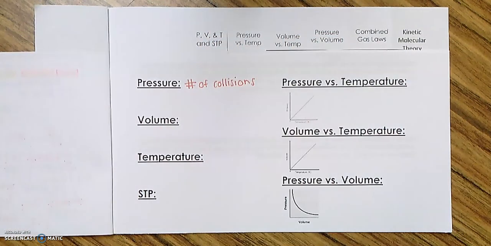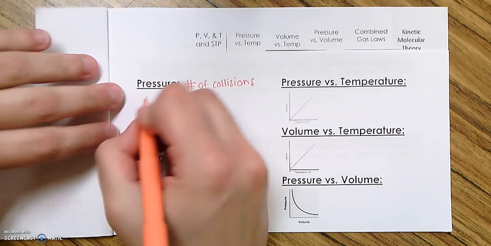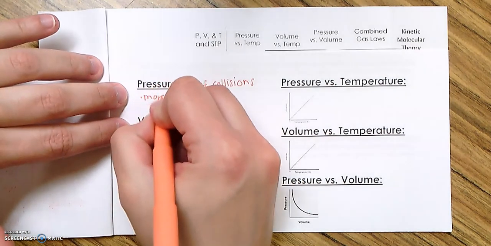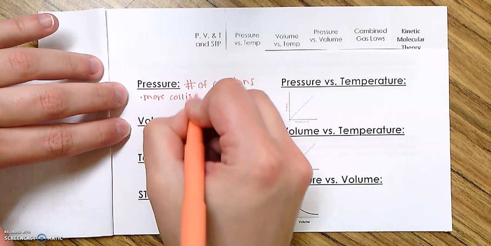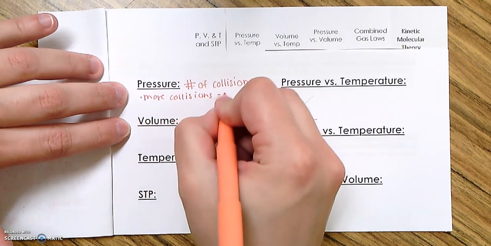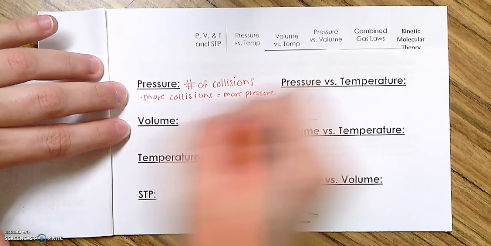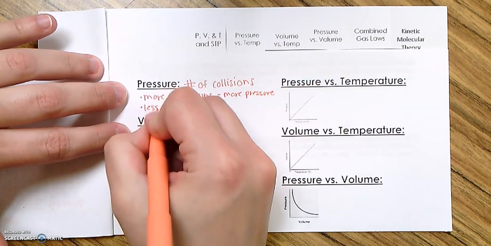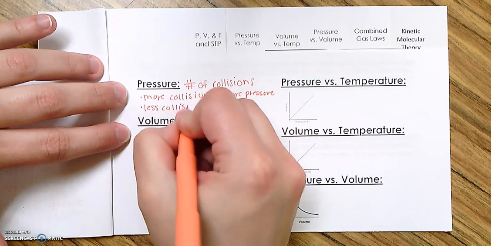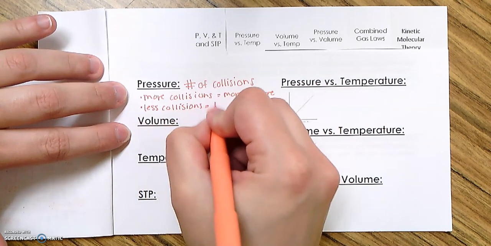When you think about it, the more collisions, more pressure. So the opposite would be true too. Less collisions, less pressure.